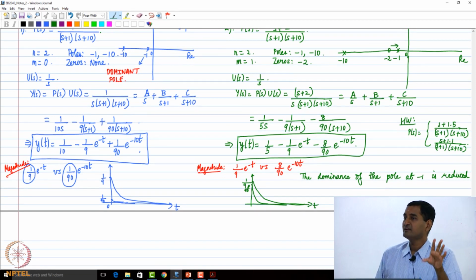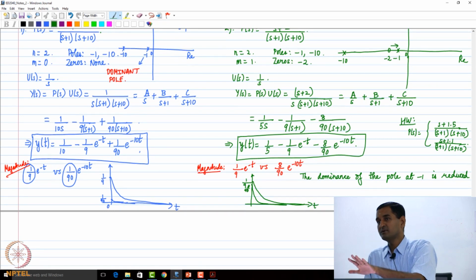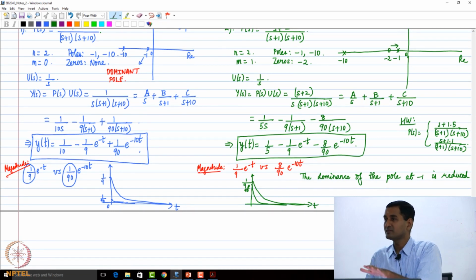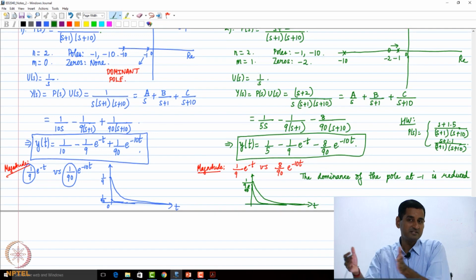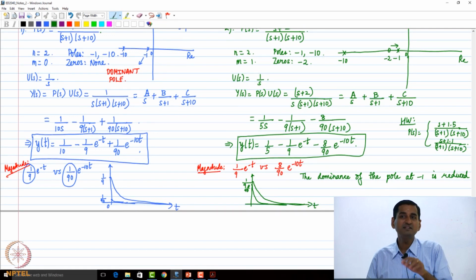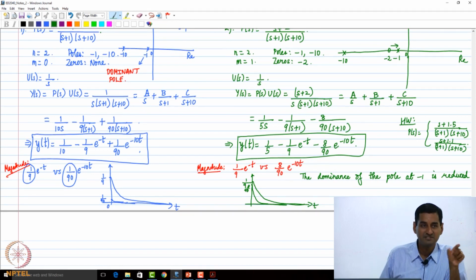So you can see that the effect of a 0 is that it is going to affect the dynamic response of the system. It is not going to have a direct impact on the stability, because stability is dependent on the location of the poles. But what do zeros do? From these two examples, you can observe that the zeros are going to affect the residues of the partial fraction expansion. So in physical terms, they will affect the coefficients of the response function.